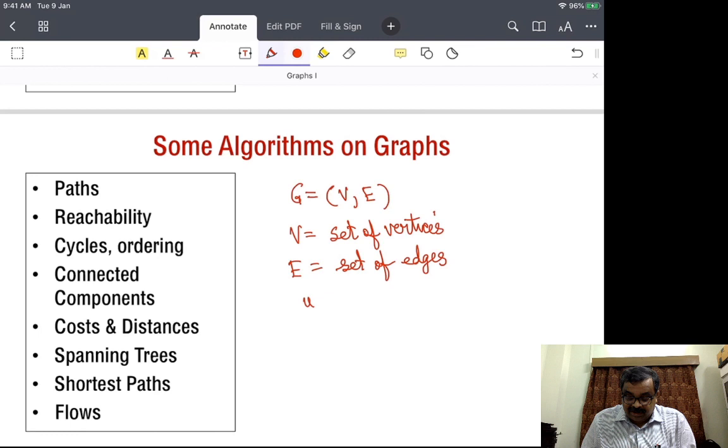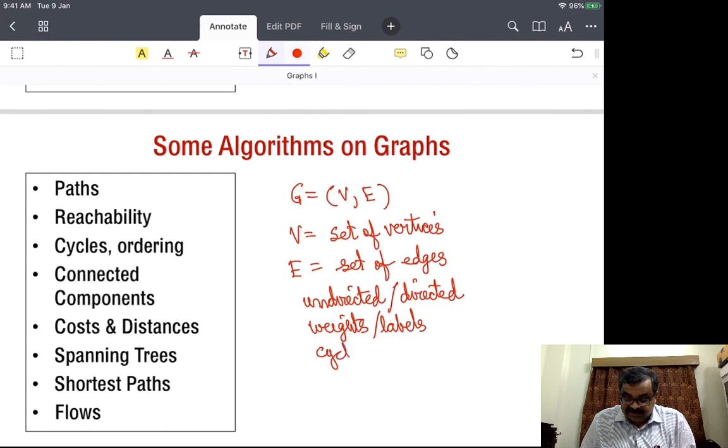These could be undirected or directed, and they could have weights on the edges or labels at the nodes and on the edges. They could have cycles or they could be acyclic. And there are several problems that we need to solve on these graphs.